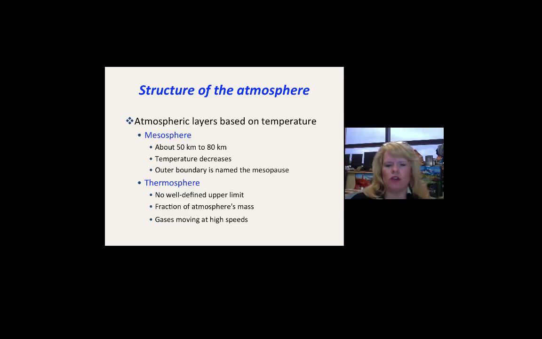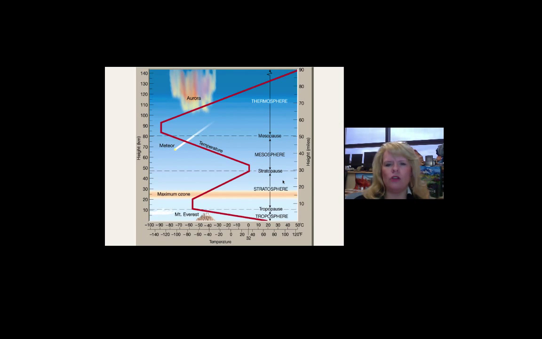The thermosphere is the least defined of all of the segments of the Earth's atmosphere. It's just a fraction of the mass of the atmosphere, but gases move very quickly up there. So you're looking at this section of the atmosphere when you're talking about the thermosphere. Also where we have the northern and southern lights, called the aurora borealis.